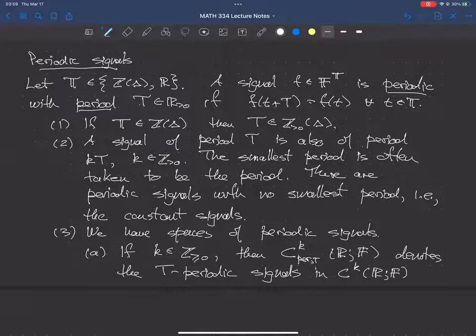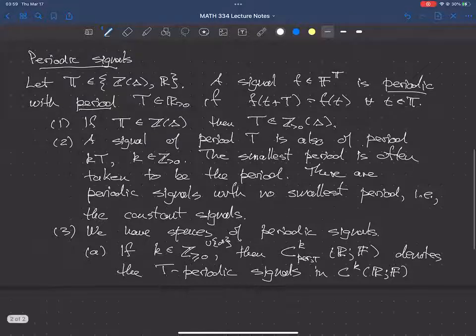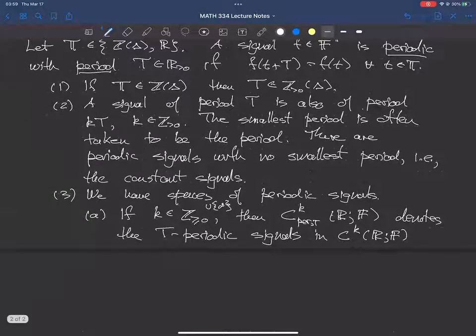And there's nothing preventing you from talking about infinitely differentiable ones as well.